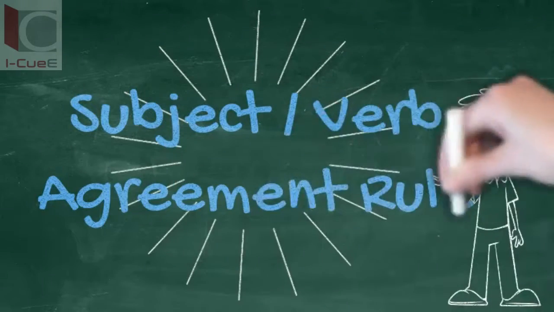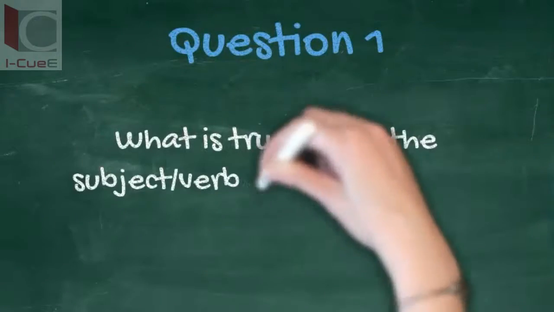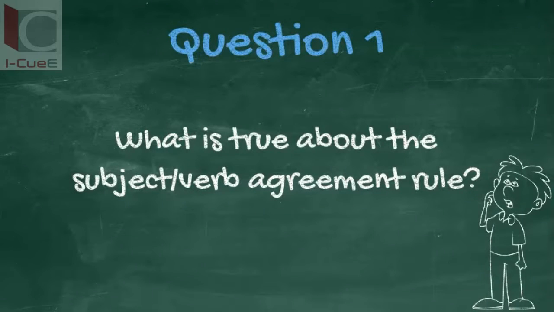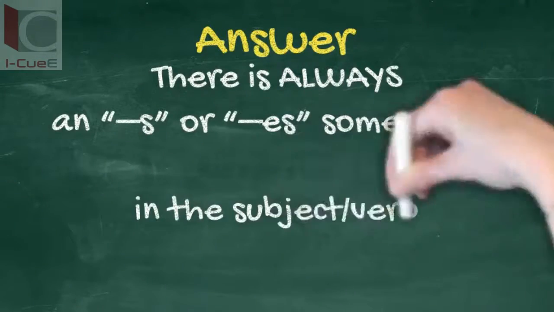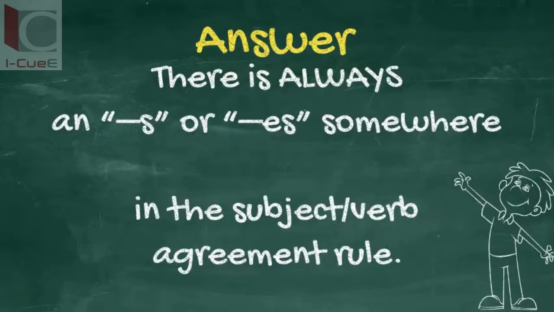Subject-verb agreement rule. What is true about the subject-verb agreement rule? There is always an S or ES somewhere in the subject-verb agreement rule.